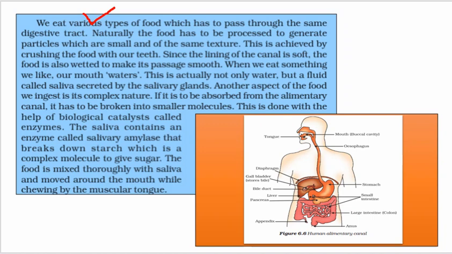So first of all, we eat various types of food, like chapati, rice, dal, etc., which has to pass through the digestive tract. We eat the food with the help of our mouth, and then the food enters into the digestive tract.